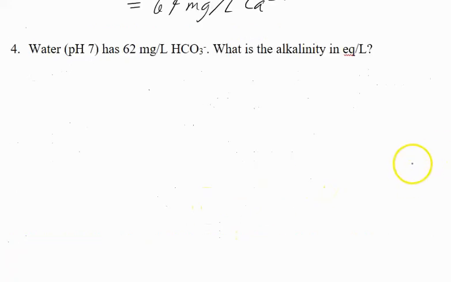So here's another example that we have. We have water with a pH of 7, and it's got a certain amount of bicarbonate ion in it, and we're asked what the alkalinity is.